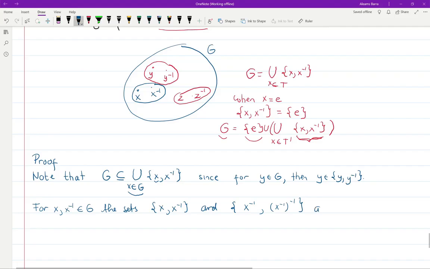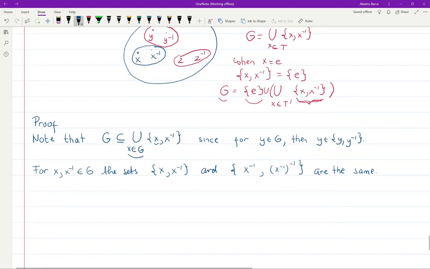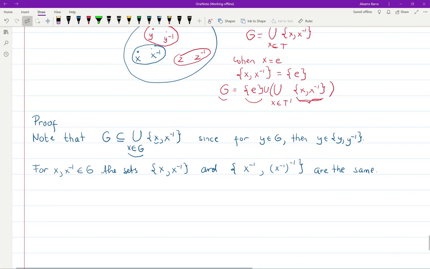So whenever we have that kind of redundancy, then we can drop one of them.